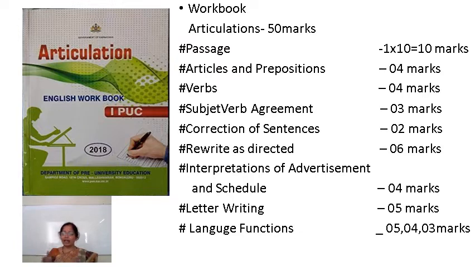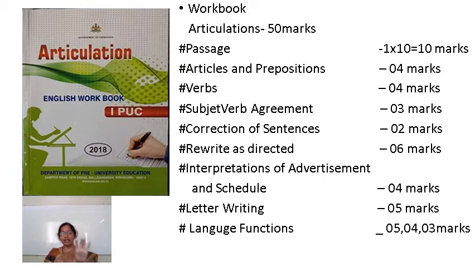You have seen advertisements. In the same manner, they will give you an advertisement in your question paper. According to that advertisement, they will ask you 4 questions below that, just in the manner of unseen passage.